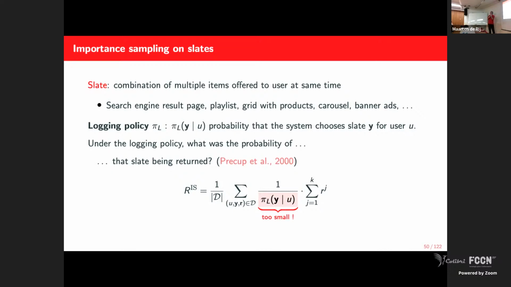That's the action, we produce a slate. The logging policy is this pi_L here, the probability of producing a slate for a given user. And under this logging policy, what was the probability that the slate was returned?